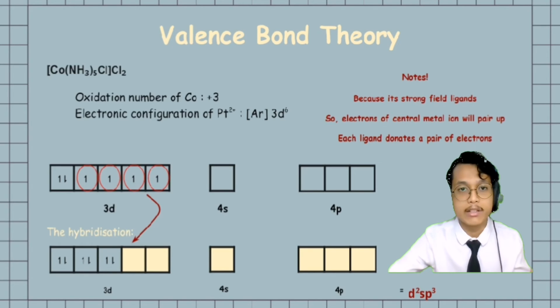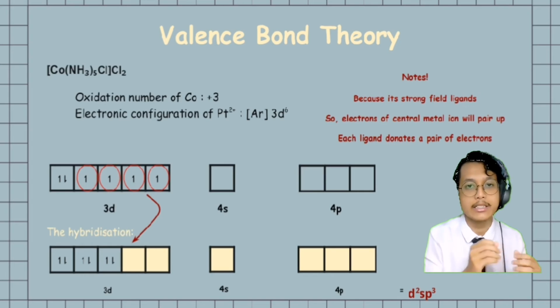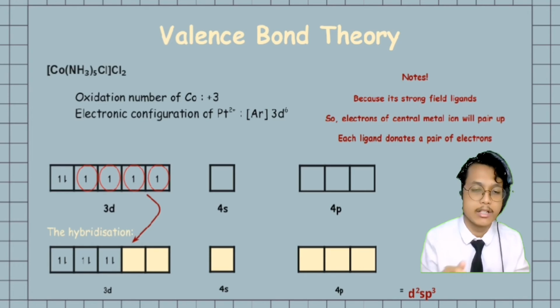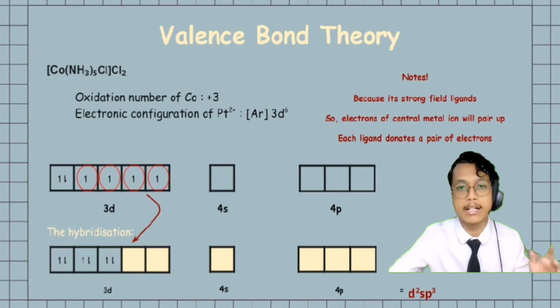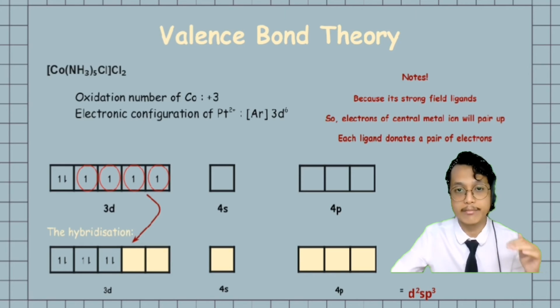And we must take note, because it is a strong field ligand, the electrons of the central metal ion will pair up, and each ligand will donate a pair of electrons. So we can see the electrons will pair up and occupy the d orbitals, and the empty d orbitals that are left will combine with the empty 4s orbital and 3 empty 4p orbitals to form d2sp3.